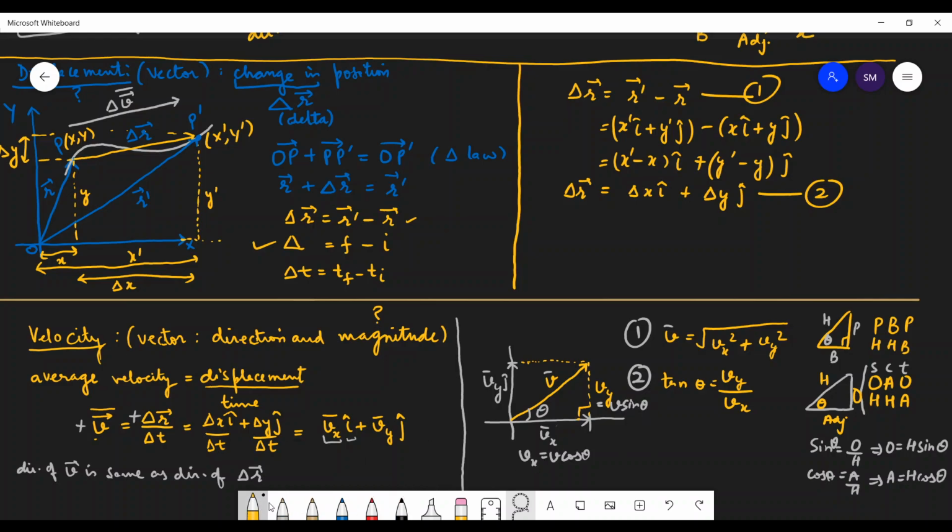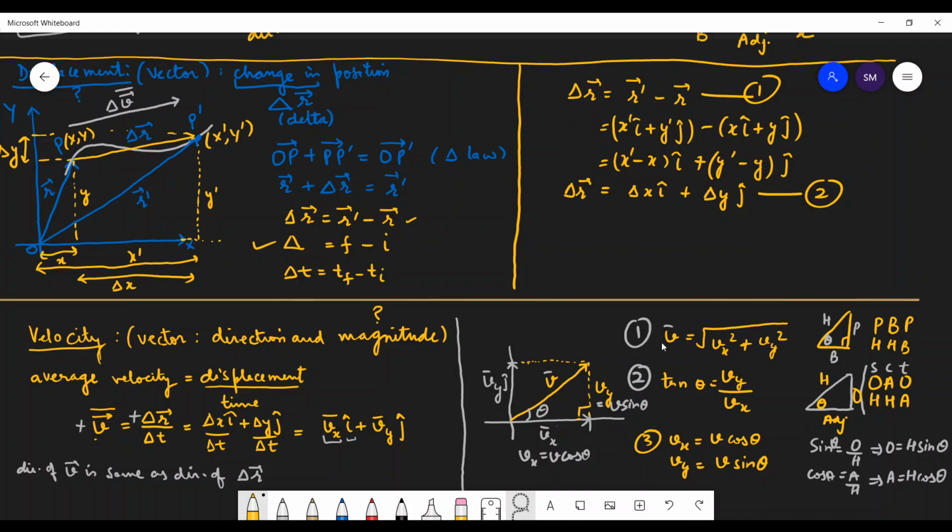So this is another important thing, that Vx can be written as V cos theta and Vy can be written as V sine theta. So this is how we have written the velocity along the x-axis and along the y-axis. These are very important points.